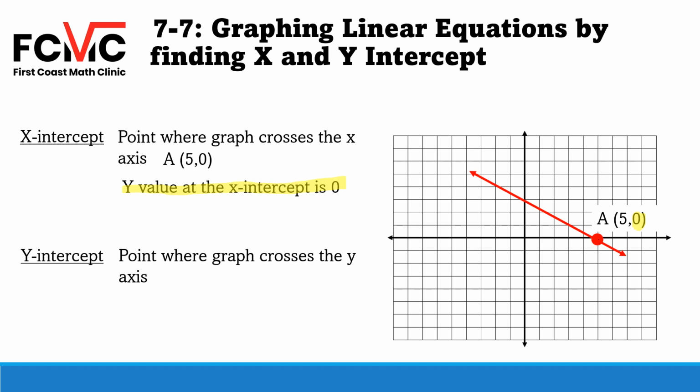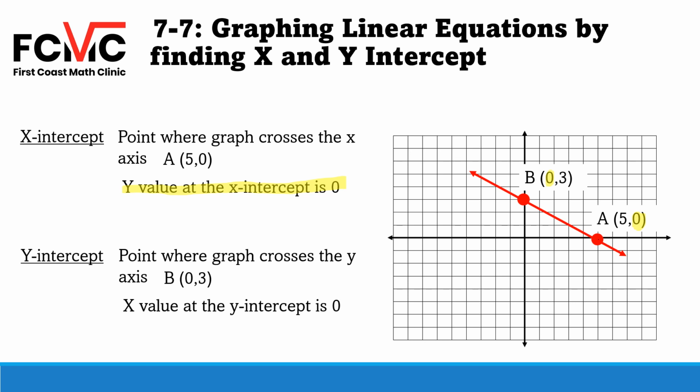All right, and what about my y-intercept? The y-intercept is the point where the graph crosses the y-axis. So that's going to be our b value at (0, 3), which is right here. And we notice that the x value at that y-intercept is 0. So here our x value is equal to 0.